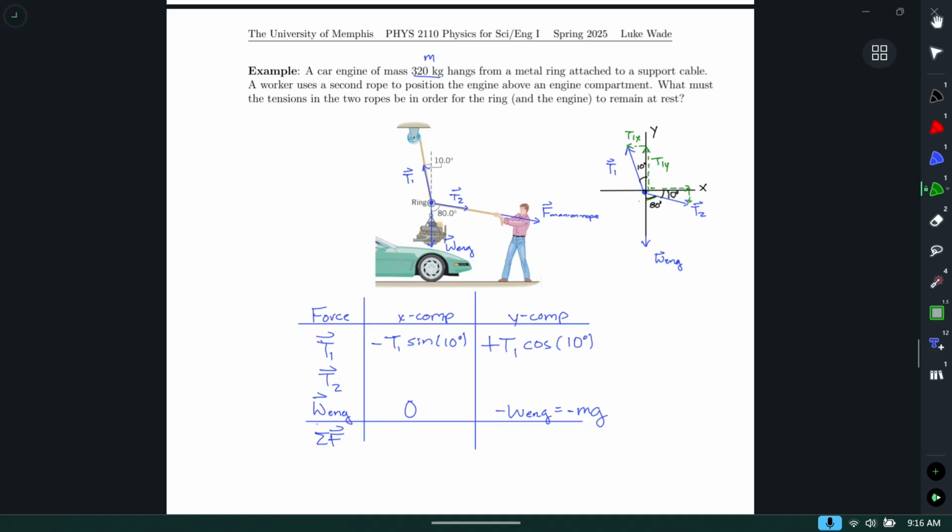Or if we wanted to use the 80 degree, we'd probably draw our components like this instead. It's the same two components, I've just shifted them so that I make a right triangle with the 80-degree angle instead of the 10-degree angle. In that case, I will see that T2x is opposite the 80 degree, so I would call it T2 sine of 80, but sine of 80 and cosine of 10 are the same number. So either way is fine.